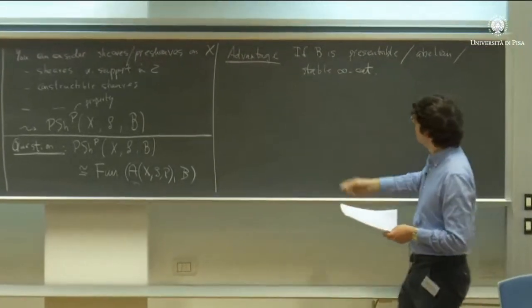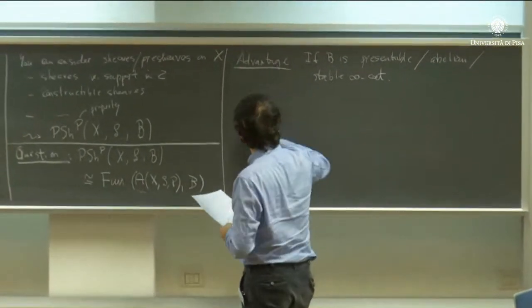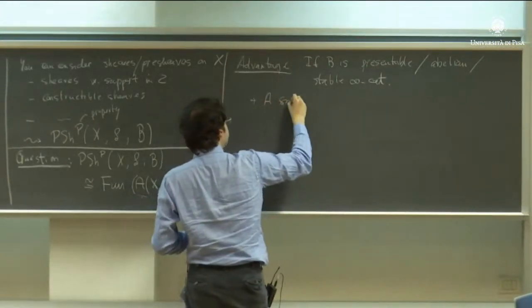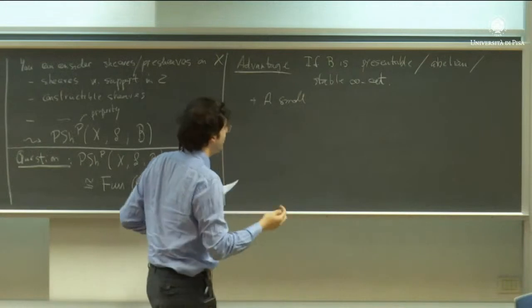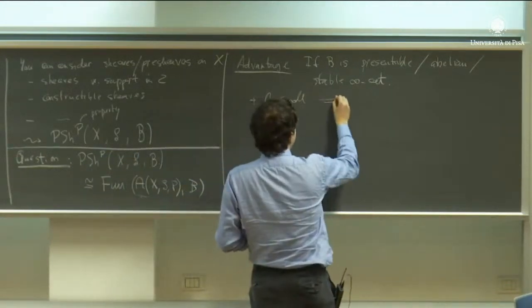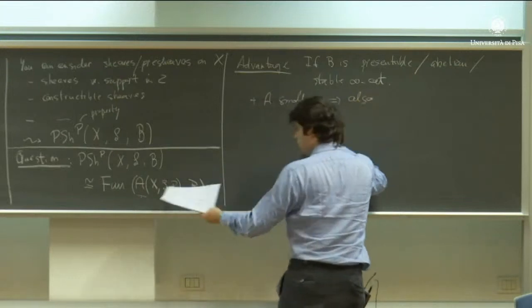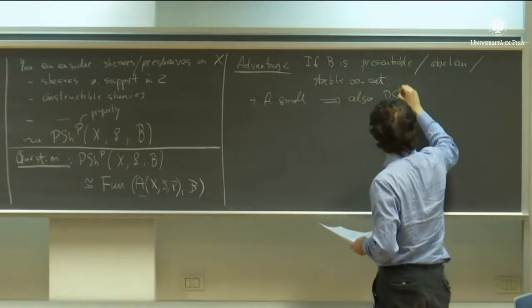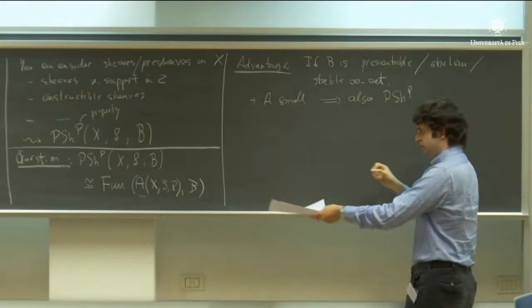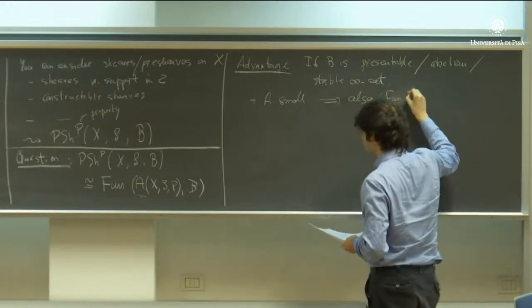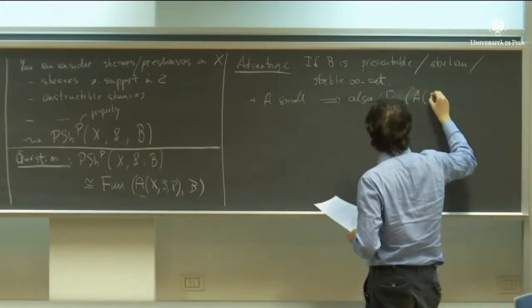Then, under the possible assumption, at least in this case, that A is small, but usually everything is small in these kinds of contexts, if the answer is true, then also this category of functors is presentable. This is not completely obvious.